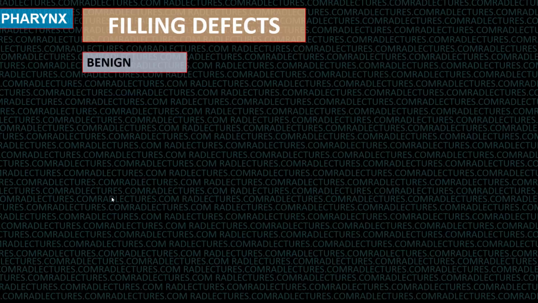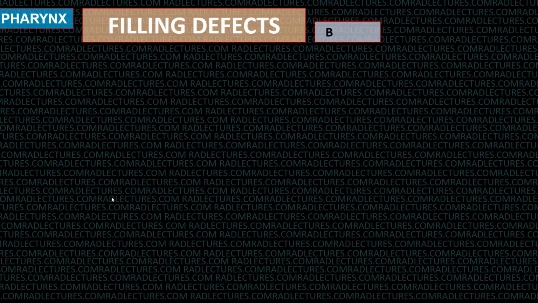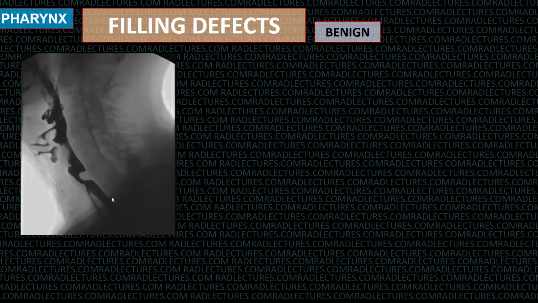Next, we go on to filling defects in the pharynx. They can be benign or malignant. The benign filling defects can be due to cricopharyngeus or presence of a web. So cricopharyngeus impression is a normal impression at the back of the esophagus, as we are seeing here. And it is located at the level of the pharyngoesophageal junction.